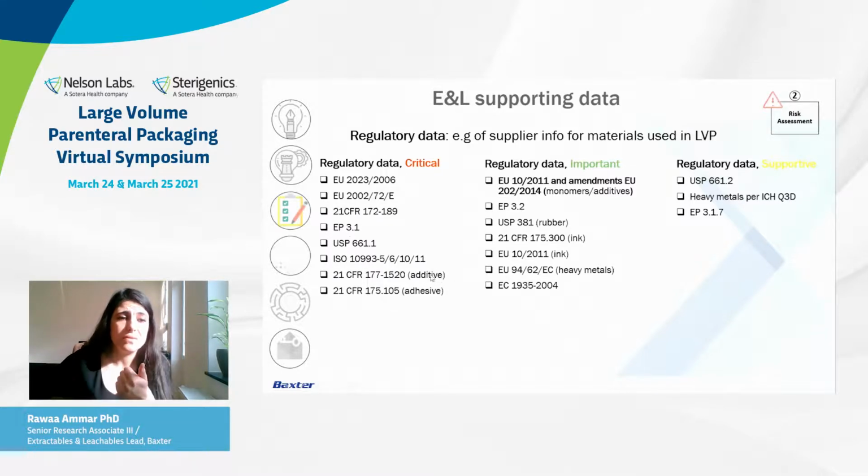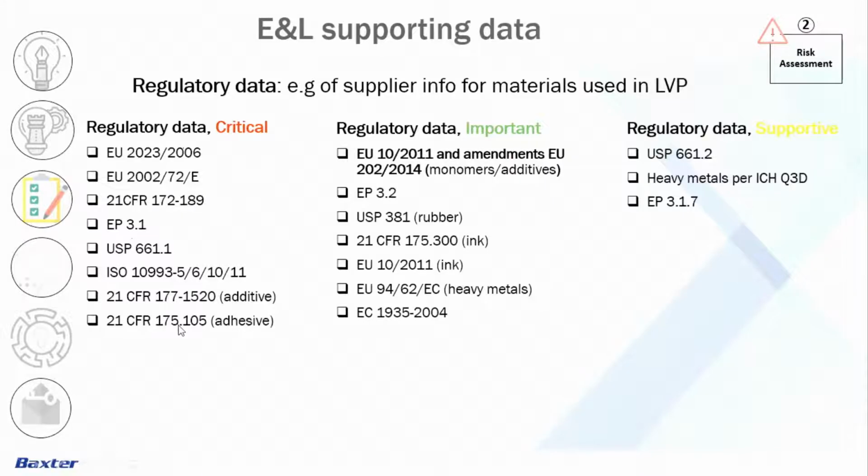If we have an additive, we can have 21 CFR 177, or for adhesive, 175. It's also important to get the values for EU 10/2011 and its amendments for the monomers and additives, chapter 3.2 for closures, and <381> USP for the rubber.